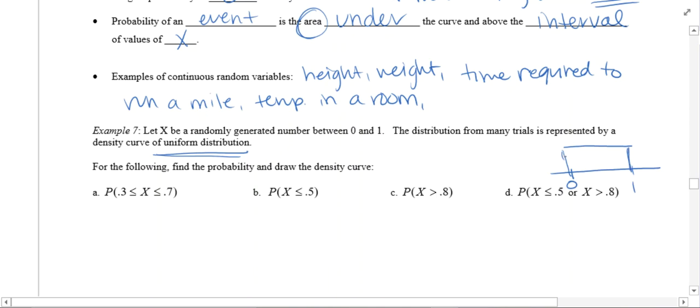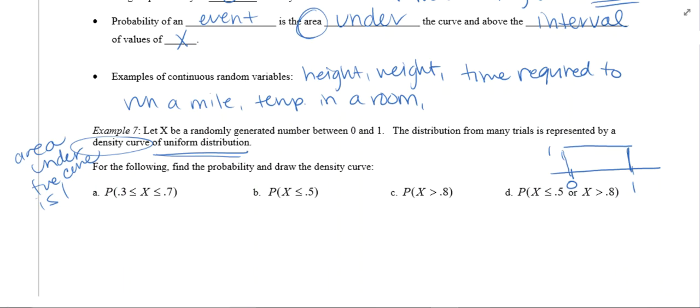Basically, it just looks like a rectangle. Okay, and when we know it's a density curve, the area under the curve is 1. So when we talk about area, the length is 1, so the height must also be 1, so that 1 times 1 equals 1.